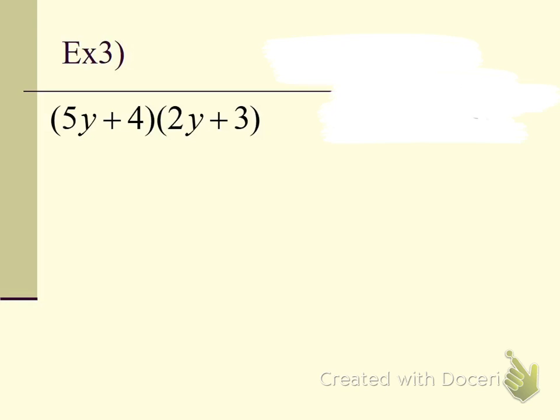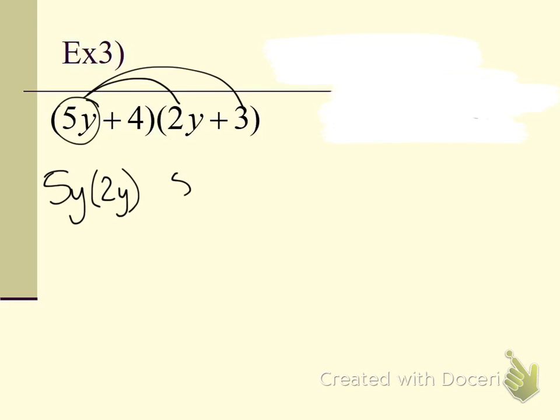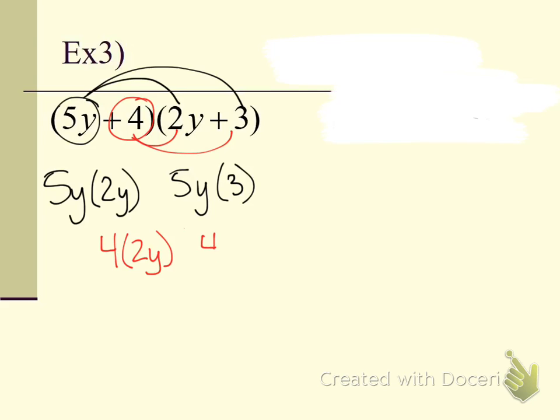On number 3, what is one thing that's getting distributed? 5y. 5y gets distributed to 2y and positive 3. What else is getting distributed? 4. A positive 4. Make sure you keep the signs with it. So 4 gets distributed to 2y and to positive 3.